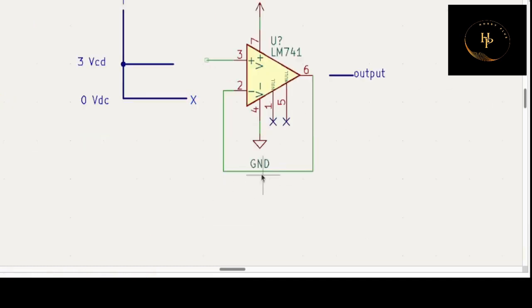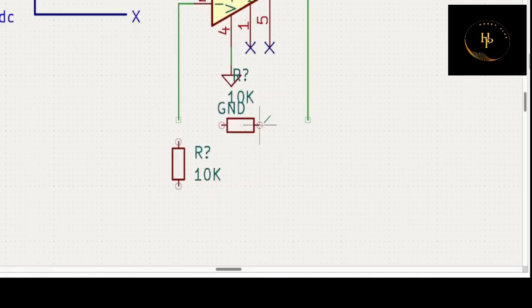If I put here a resistance network, suppose it is 10K, and also put here the same value, something like that.